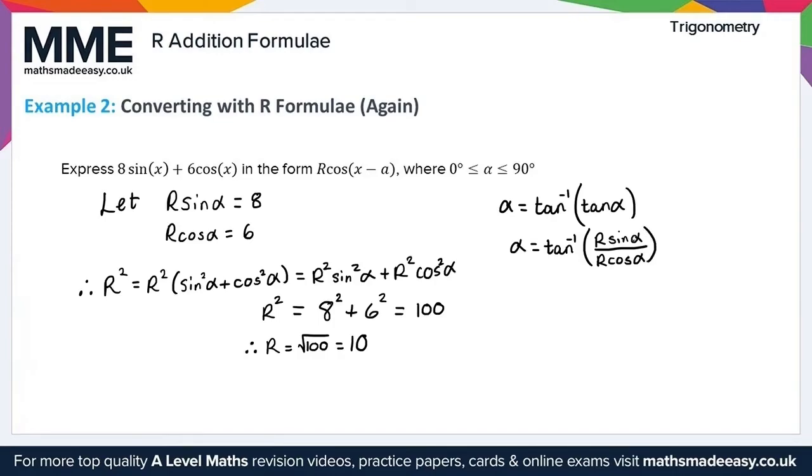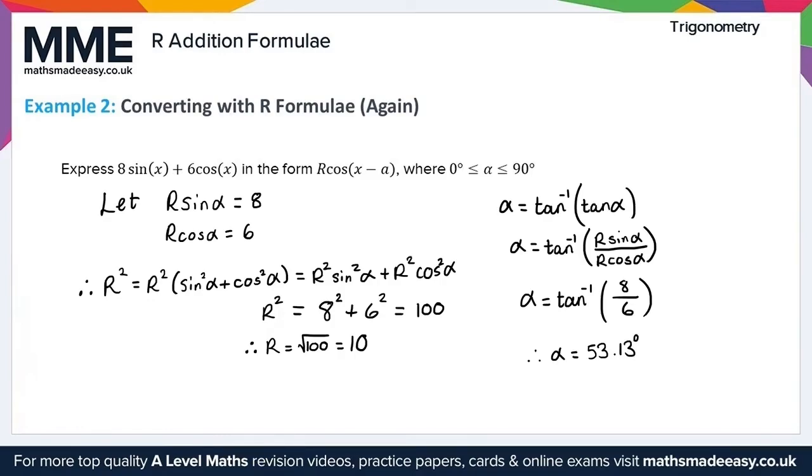Okay. Well, in this case here, R sin alpha is 8, R cos alpha is 6. So all we're going to do here is simply find tan inverse of R sin alpha, which is 8, over R cos alpha, which is 6. So we need to find tan inverse of 8 over 6, ensuring that we're working in degrees. And what we'll find for alpha is tan inverse of 8 over 6, giving us 53.13 degrees. Okay.